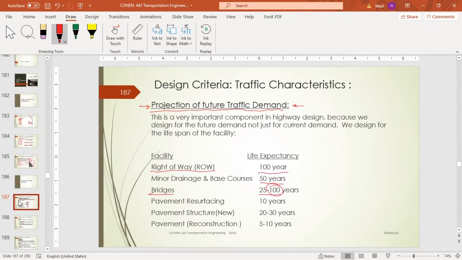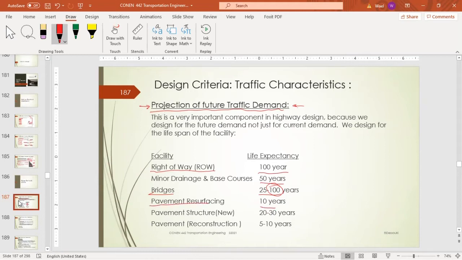So, for example, I'm not talking about the structural design, I'm talking about the geometric design. If you want to identify how many lanes we need in a bridge, we plan for more than 25 years, because bridges are not the structure that you build every 5 years or every 10 years. Pavement resurfacing, that's in maintenance, okay?